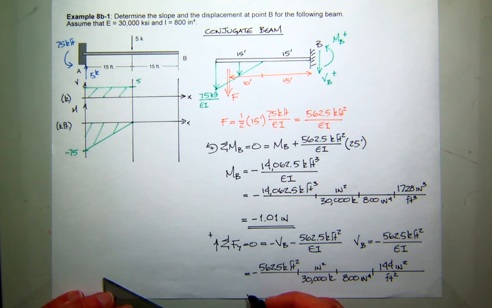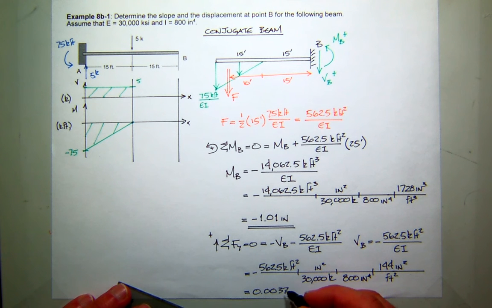This is going to be a pretty small number, I think. Yeah, pretty small number. What'd you guys get? 0.00337. That's pretty close. 337. And that'll be in radians. Pretty small angle.